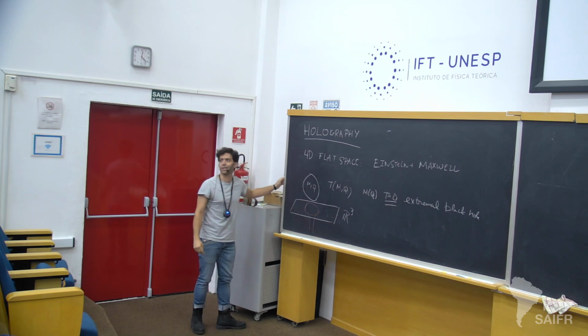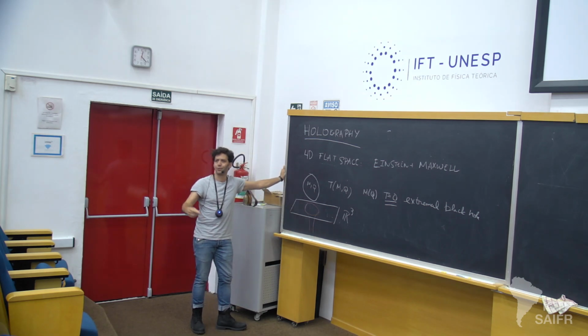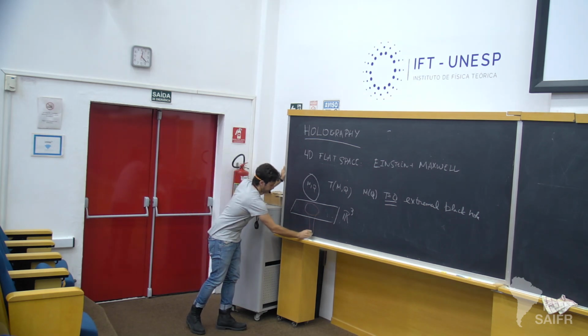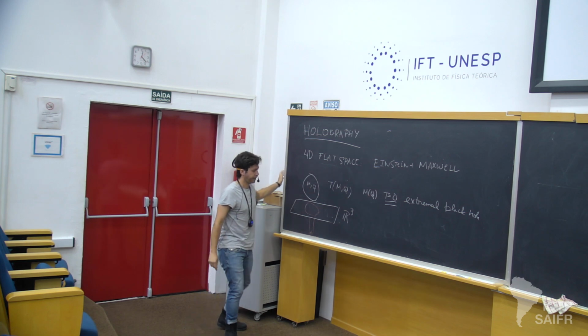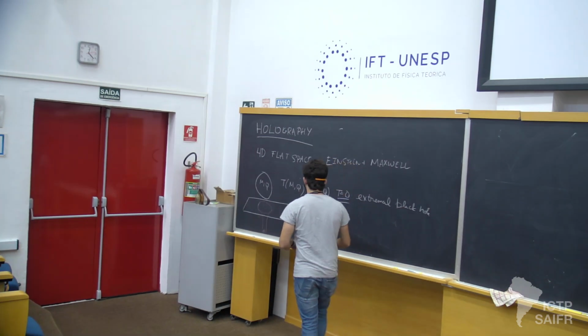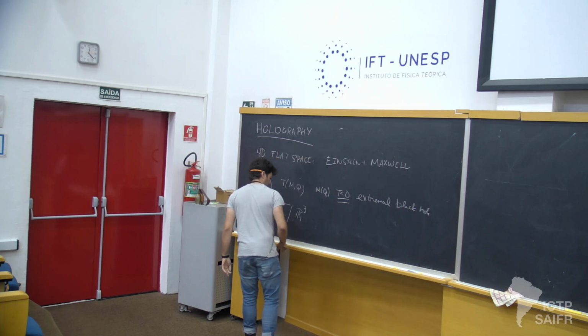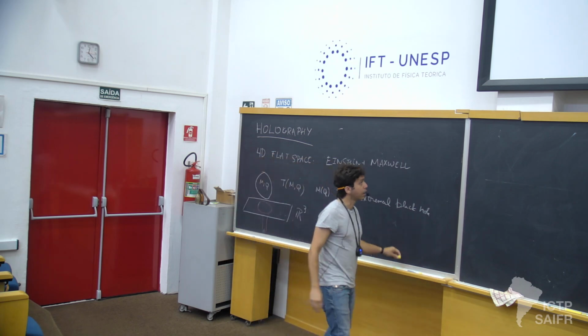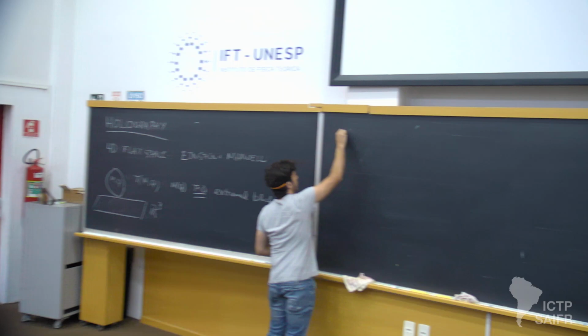So it takes an infinite amount of proper time to fall into this black hole. And this is in the extremal limit. And actually, I can write my metric like this.